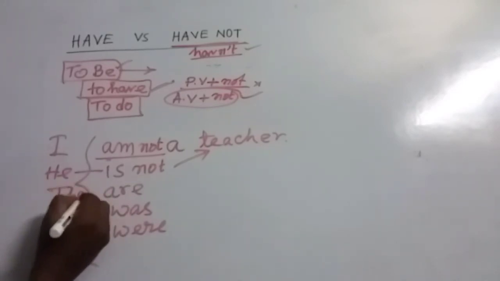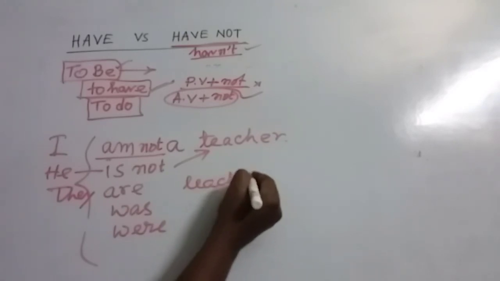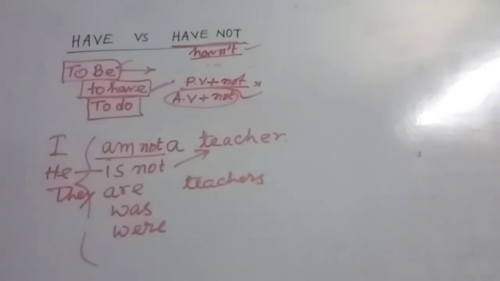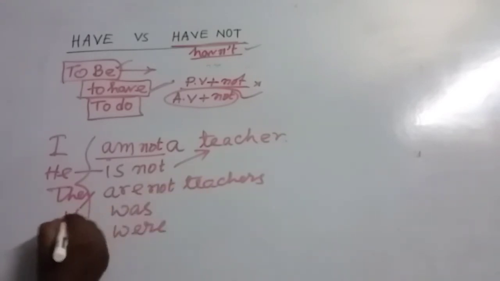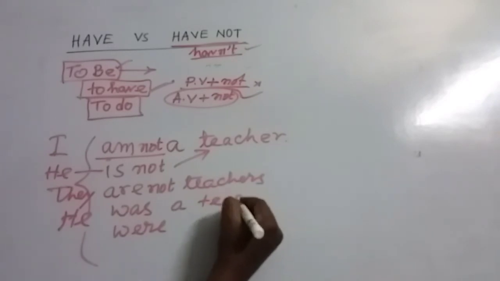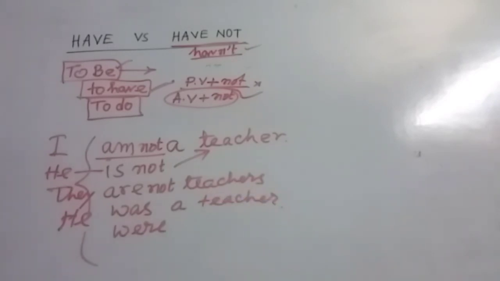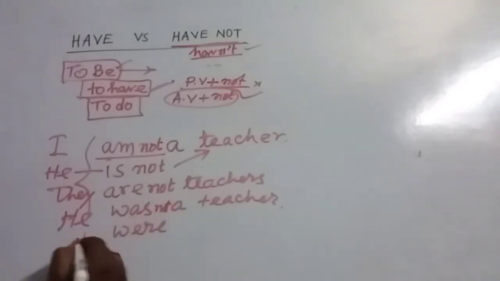Here you can write they are teachers. For making it negative, you can write not with it. They are not teachers. Here he was a teacher. For making it negative, you can write he was not a teacher. They were teachers.